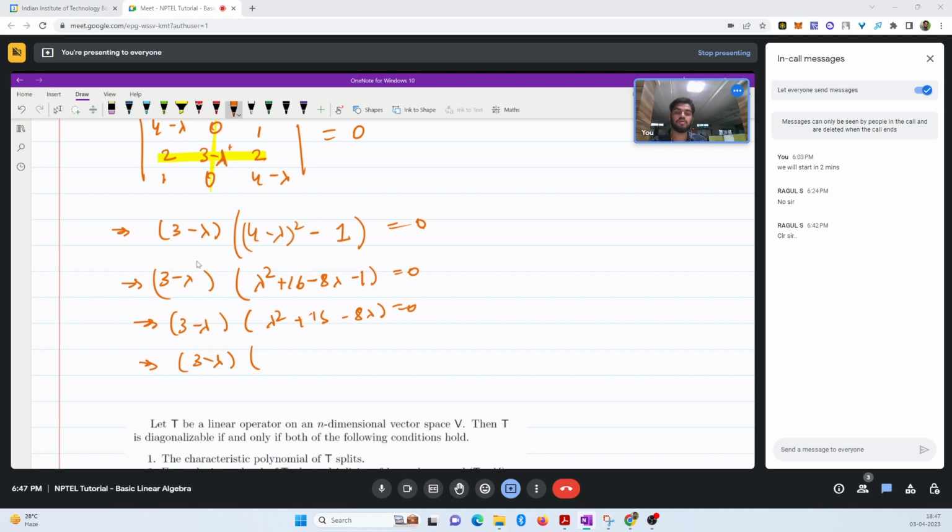We can factor this by lambda squared minus 3 lambda minus 5 lambda plus 15 is equal to 0, so lambda minus 3, lambda minus 5, and 3 minus lambda is equal to 0.